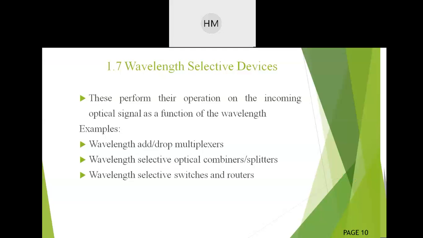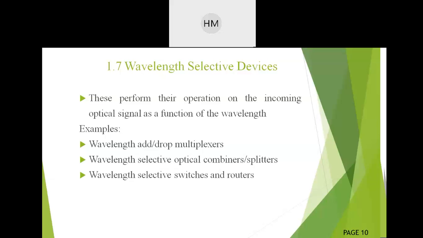Now wavelength selective devices. There are many devices which we use. And you can write here what wavelength selective devices are, because all these topics are interlinked: couplers, switches.